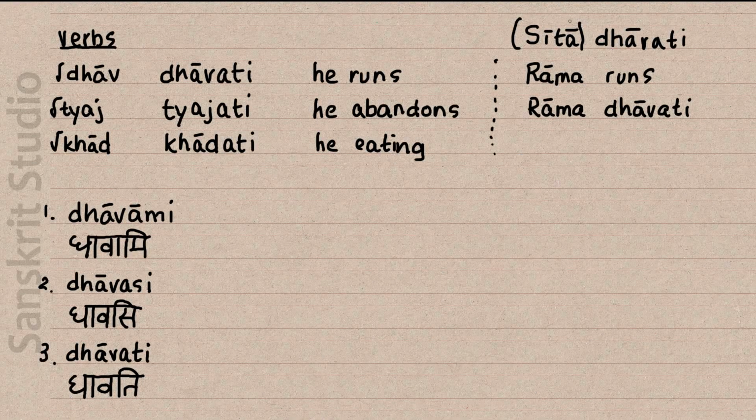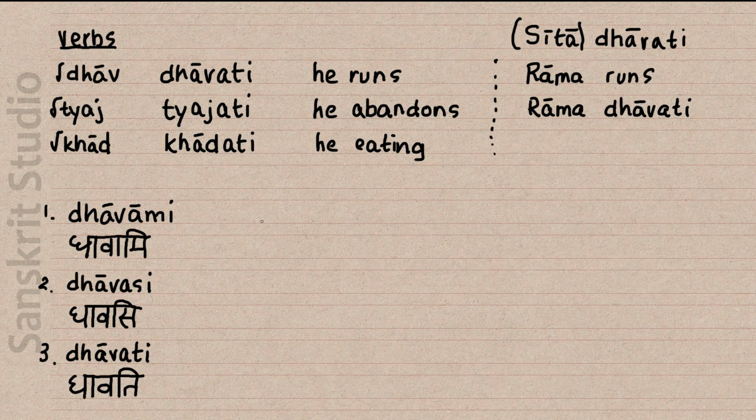Let's say we have a paragraph, and in the previous sentence we know that the name Sita is mentioned, so it's a female, and in the next sentence there is no proper name mentioned, but we understand from the context that this sentence continues from the previous one. Then if we read dhāvati, it may be natural to assume that it's she runs, because Sita was mentioned in the previous sentence. But that's all contextual, so we don't know that until we look at the bigger picture, so to speak.